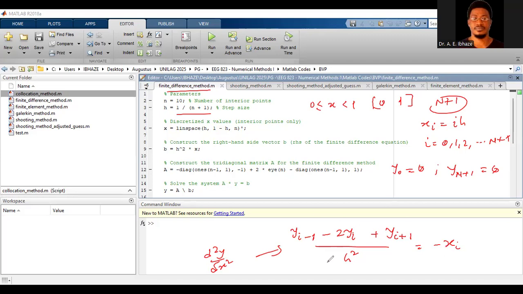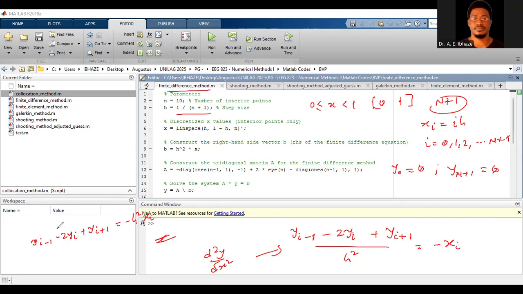And once we cross multiply this, then we are going to get y sub i minus 1 minus 2y sub i plus y sub i plus 1 being the same as negative x, or let us see, let's bring in the h, that will be h squared times x sub i.